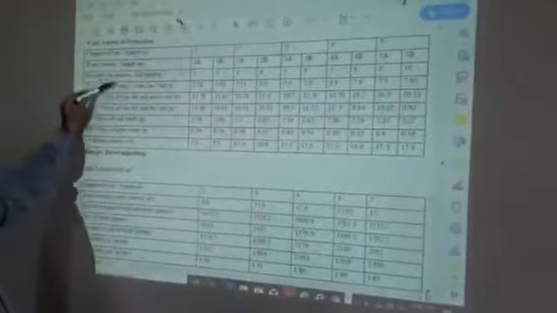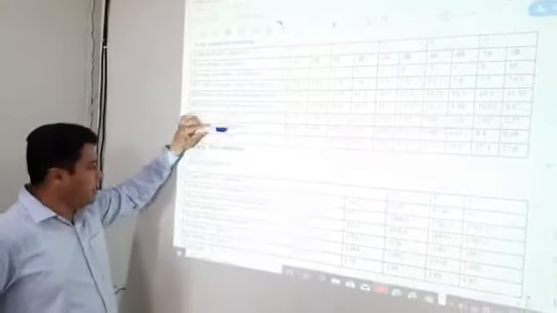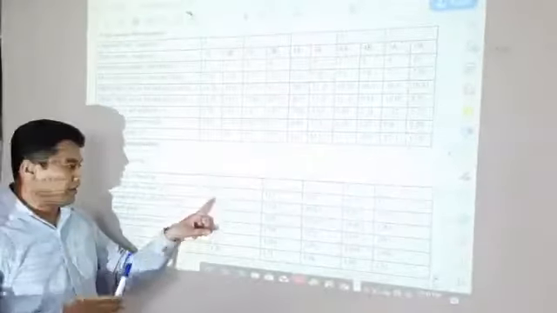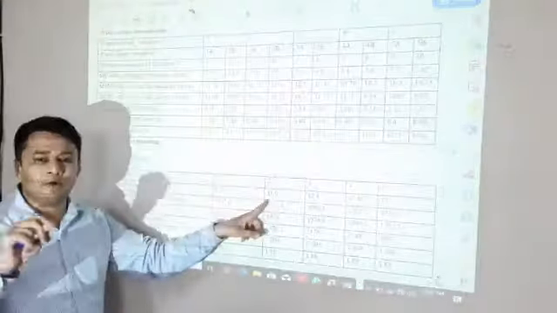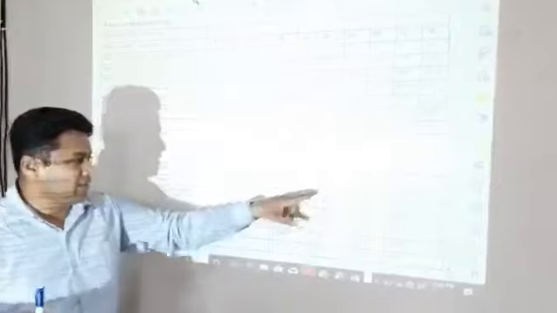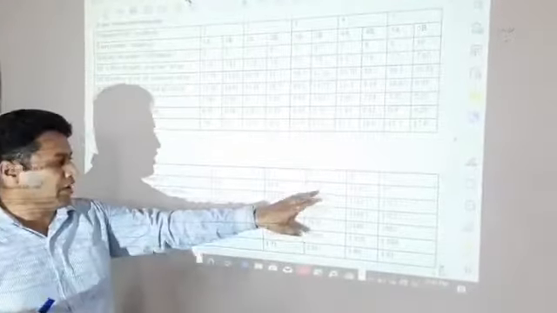This is an estimate, and actually we will measure our actual moisture content. Okay students, after performing our practical, we have this moisture content calculation table and density calculation table, and this is the moisture content that we have added on measured basis. 8% is the initial moisture of the soil sample, and then we add 3% more water, then it's 11% moisture, and same as we add 3% more moisture and it becomes 12.8% moisture.